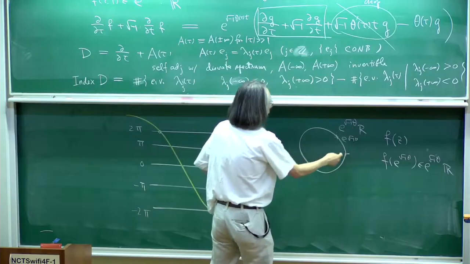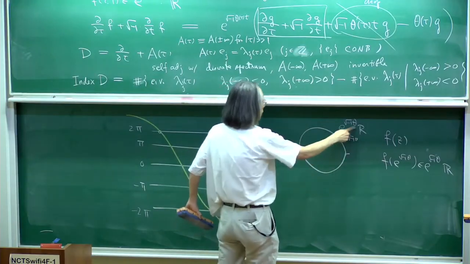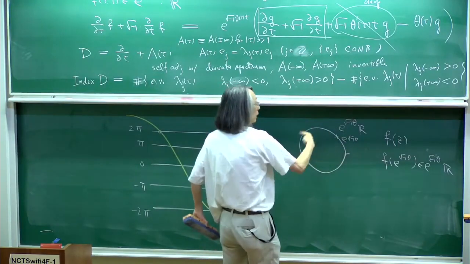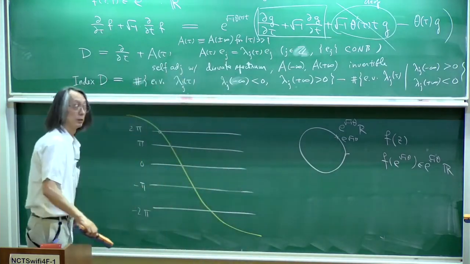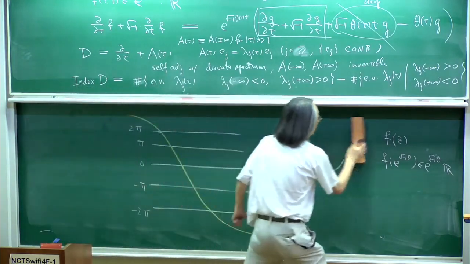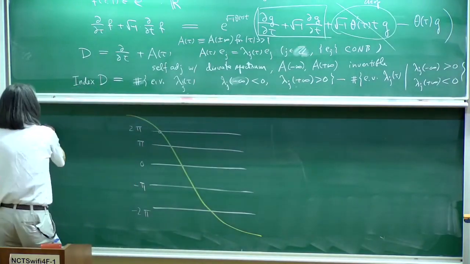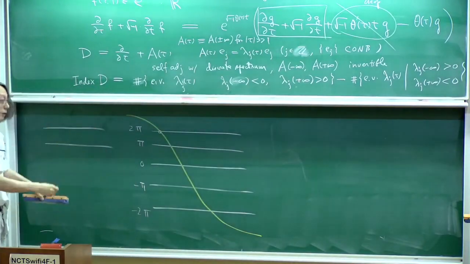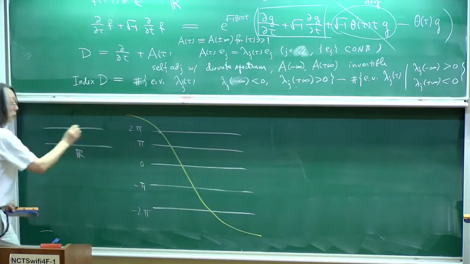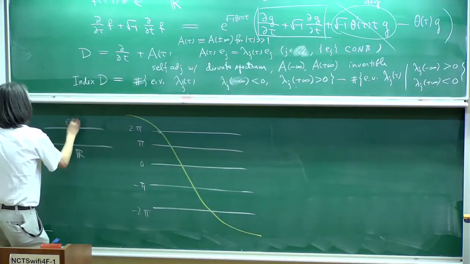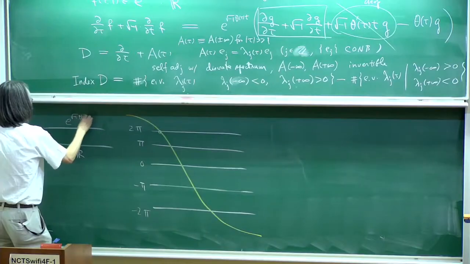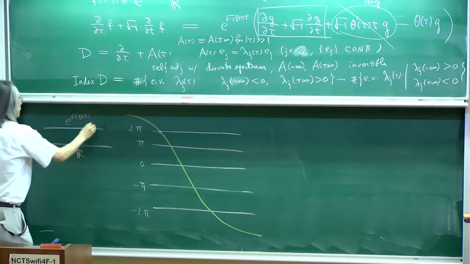this theta tau grows this way, then the index must be positive in a sense. So that means in this picture, we have not a disk, but this infinite cylinder. And I fix boundary value here, and here I consider these things. Right?